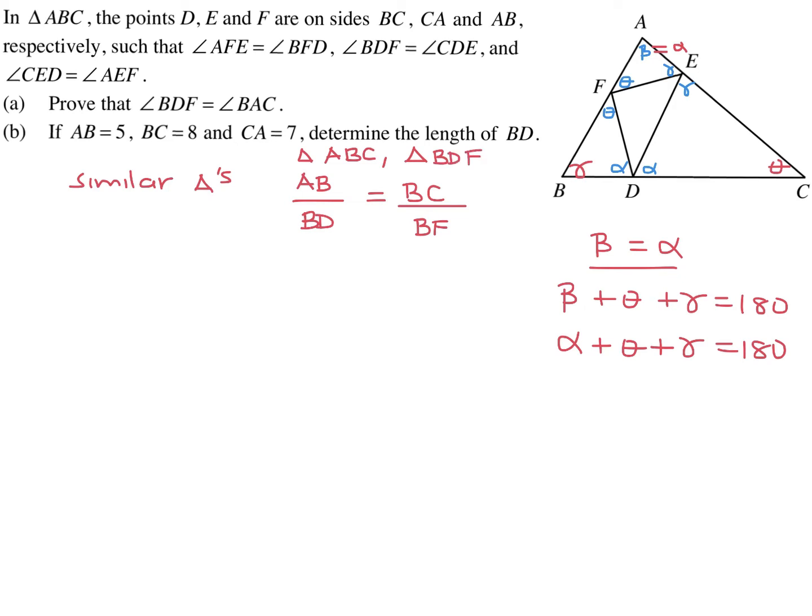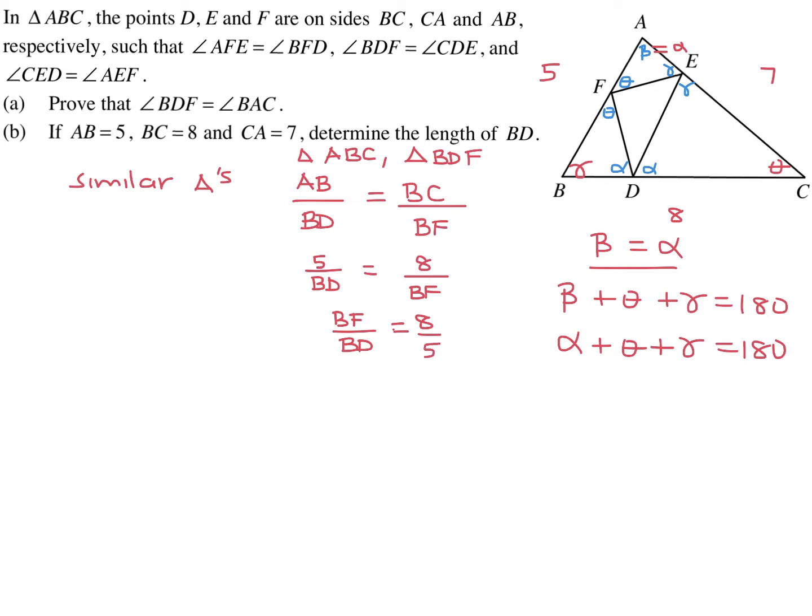Because they're similar because they have the same angles. And the question gives us these side lengths. AB is 5, BC the whole length is 8, and CA the whole length is 7. So from this equation, we can substitute to get 5 over BD is equal to 8 over BF. And therefore, BF over BD is 8 over 5.